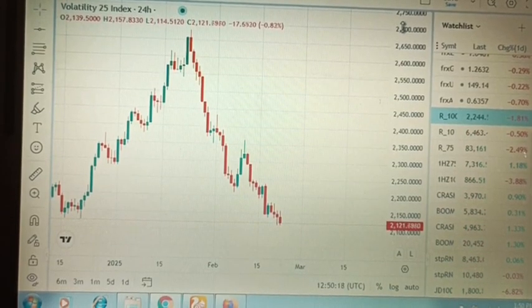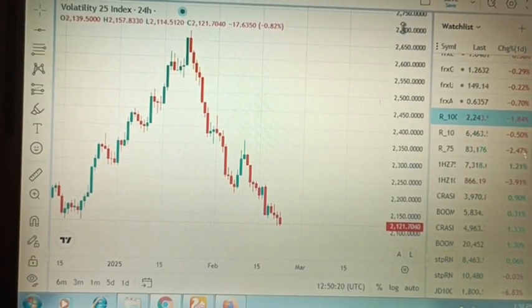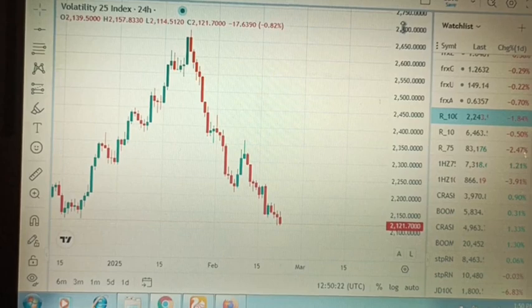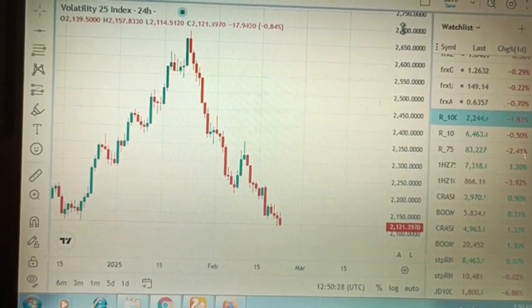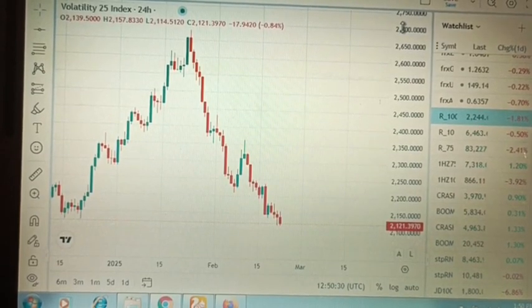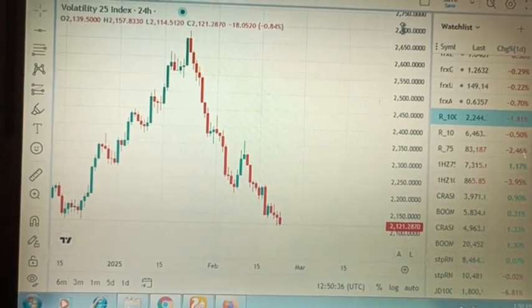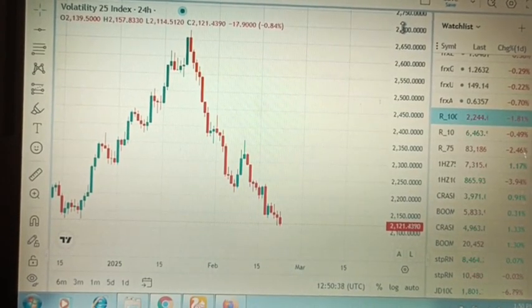Let me put it in a way that you understand. These are forces that tend to mitigate the direction of price. They tend to stop the direction of price. They are like gravity on earth. They help stop things from going beyond certain control.